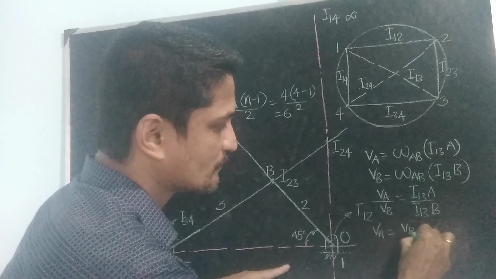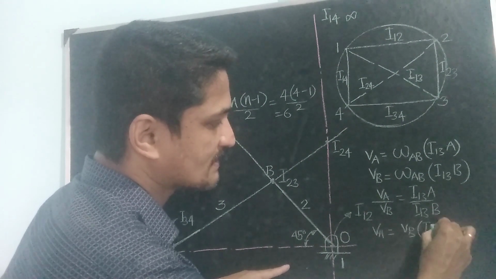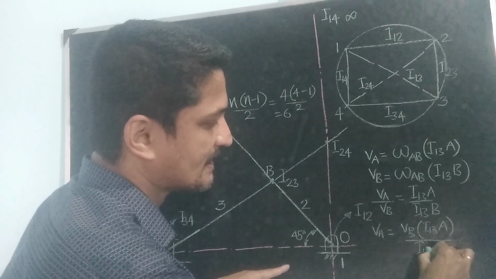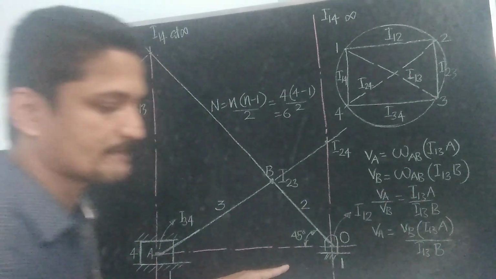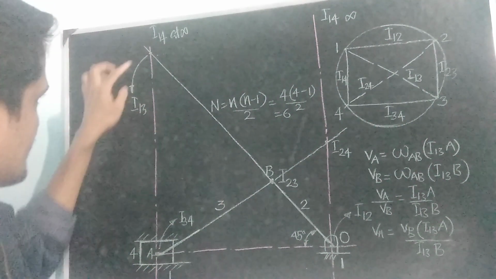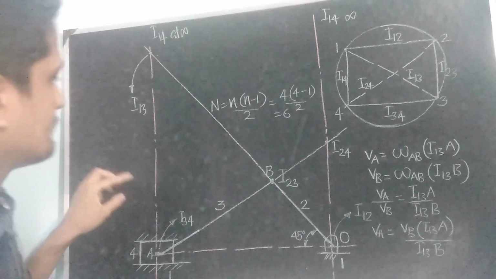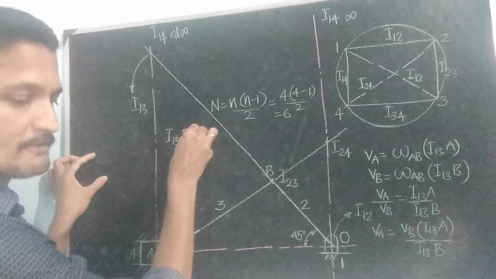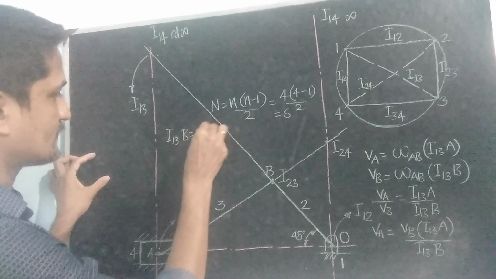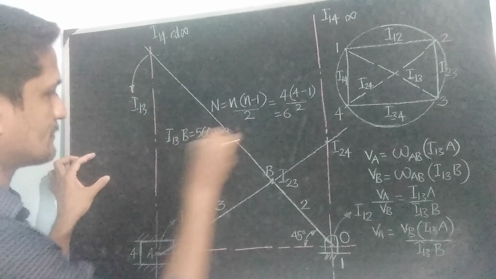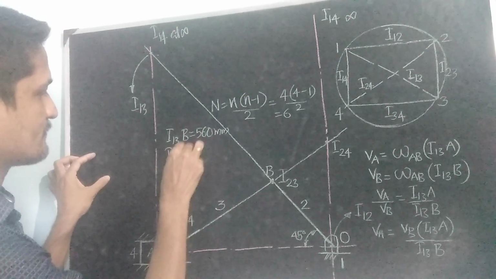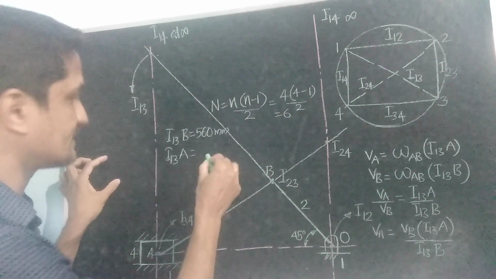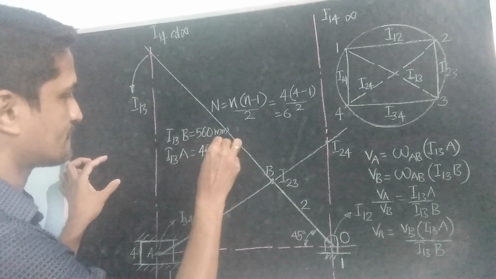Or VA is equal to VB into I13A divided by I13B. Then by measuring this length, I13B is equal to 560 mm, and I13A is equal to 460 mm.